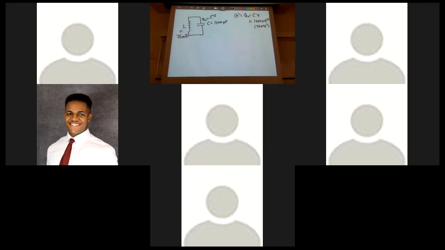Looking at our numbers, the initial amount of charge on my capacitor is 6 times 10 to the minus 7 coulombs, which is 0.6 microcoulombs. So this is my initial charge.